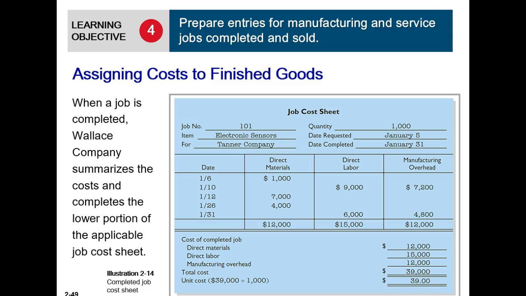When the job gets completed, Wallace is going to summarize the costs, and as you see here, they complete this bottom piece showing the direct materials, direct labor, the manufacturing overhead, and then based on that, and based on the number of units they produced, we can assign a cost per unit. And you see here, $39 per unit.